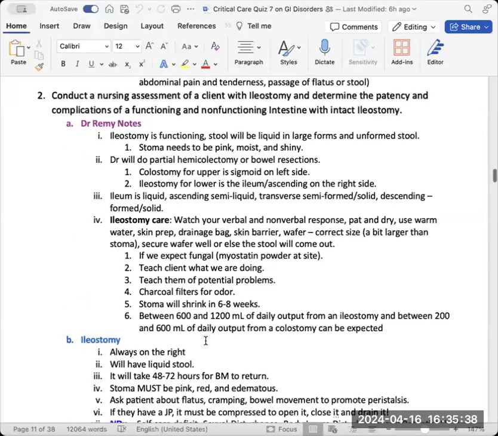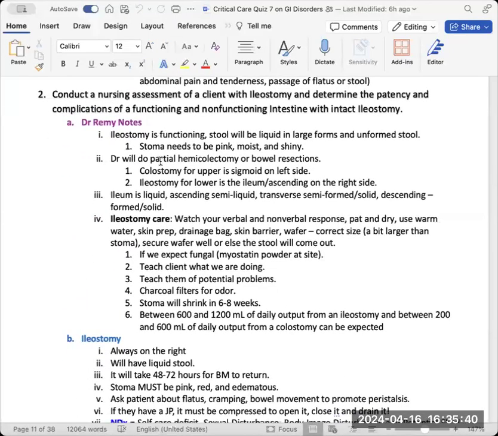Okay. The next thing is to conduct a nursing assessment of a client with an ileostomy and determine the patency and complications of a functioning and non-functioning intestine with an intact ileostomy. So, what are some things that would let you know, hey, this ileostomy is working for my patient?